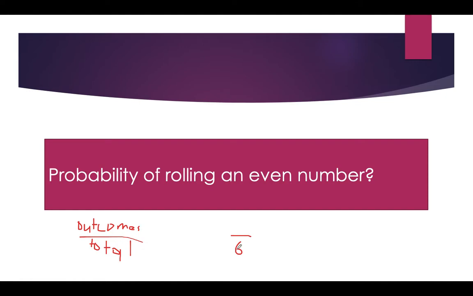But the outcomes I'm actually interested in, well, now I could roll a 2 or a 4 or a 6. So whereas the last time I was only interested in this one outcome, now I have 3 different outcomes that I'm interested in. So my probability is 3 over 6, which we could simplify to be 1 over 2, and then we could also put that into a decimal.